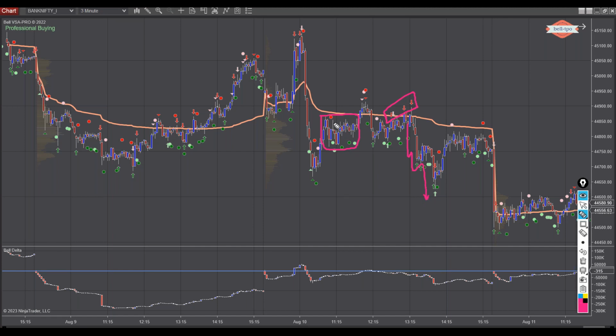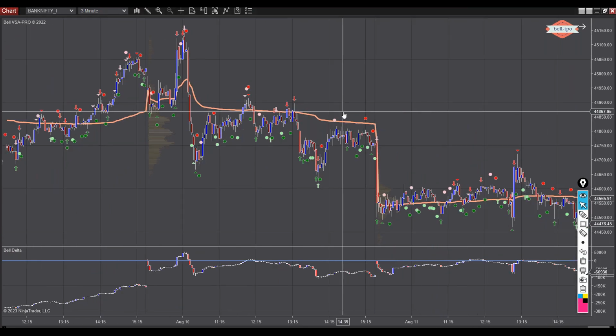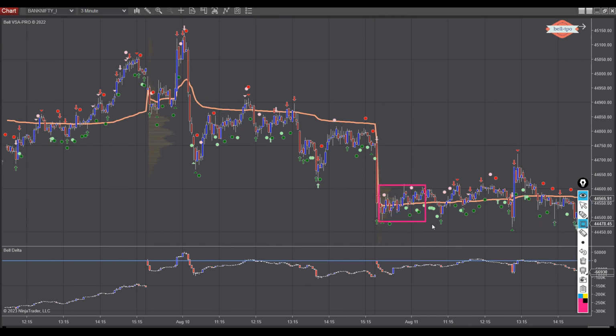And once that testing is not finished, you should not try to get into these positions. Otherwise you will find yourself too early into a position, and then maybe if market decides to do something different, you will be trapped.